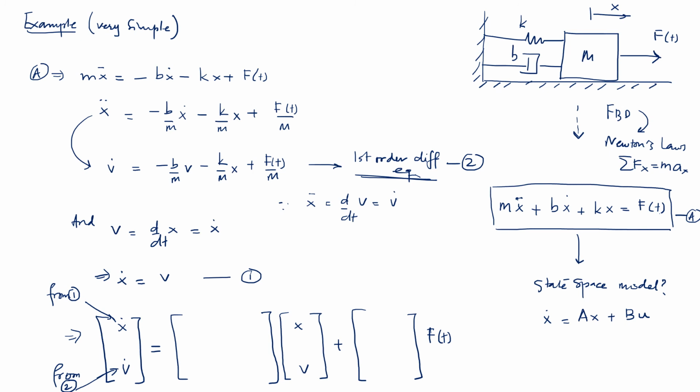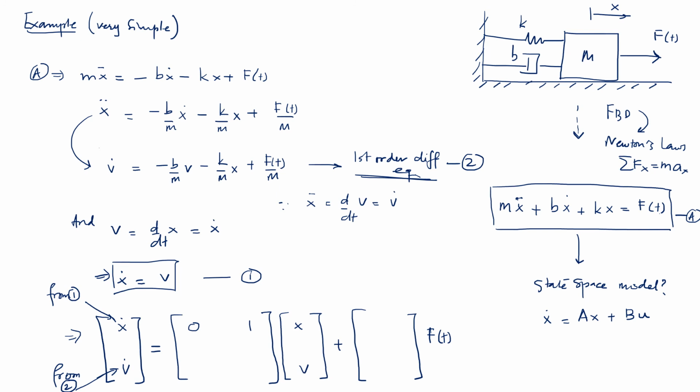Now I'm going to observe this equation so that I can write down the second row, and I would observe this equation to write down the first row in this state space representation. So let's do that. x dot is equal to v. For that reason it is going to be 0, because 0 multiplied with x is going to produce 0, and then you have 1 as the coefficient, so that when it multiplies with v, it generates equation number 1.